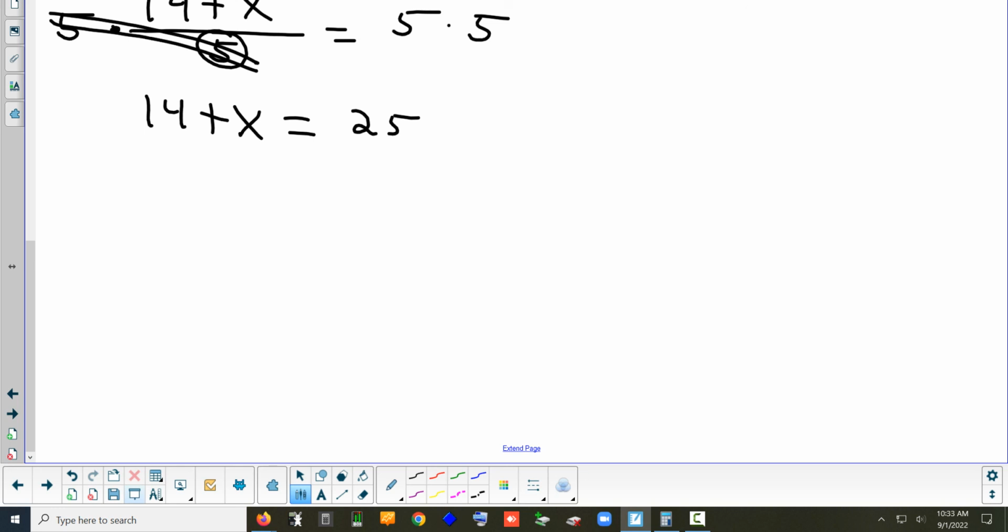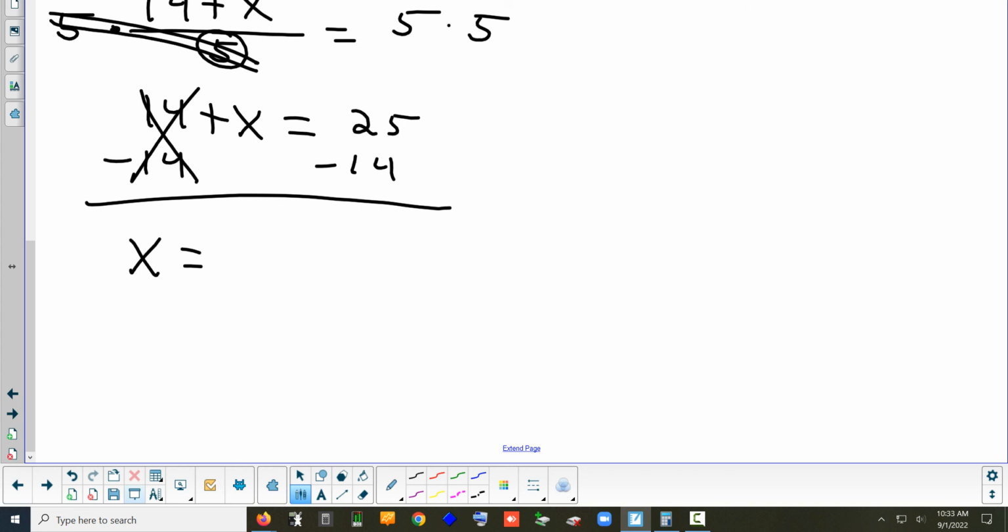Now we're down to our last step to get x by itself. How would we get rid of the 14? Yeah, subtract. And subtract. That's gone. And 25 minus 14 is going to give me how much?